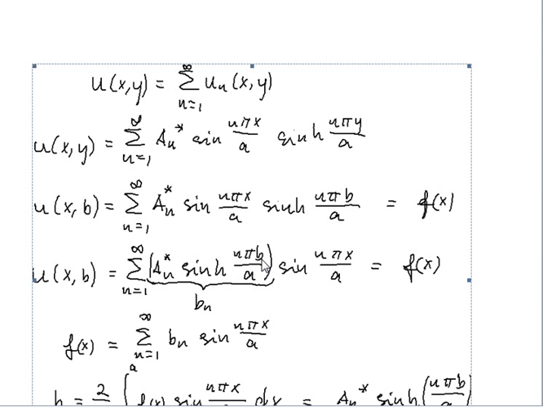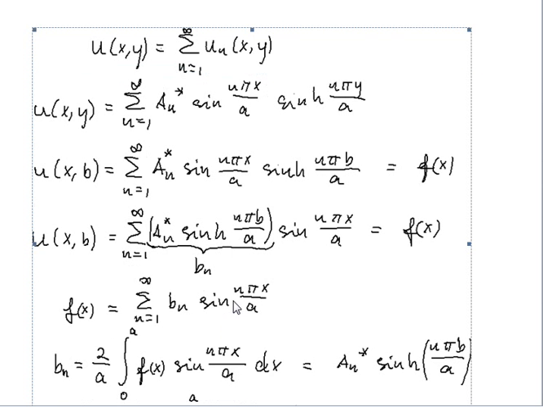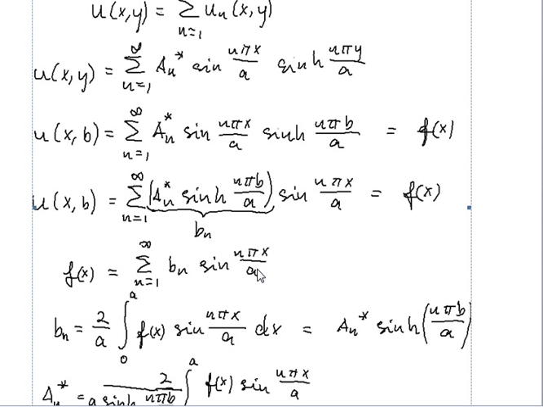And rearranging a little bit, we have just changed the order of the product here, and we note that this is a constant only dependent on n, so it's written like this, and then we realize that this is the Fourier series of the function f of x. So Bn must be the Fourier coefficient given by this integral.